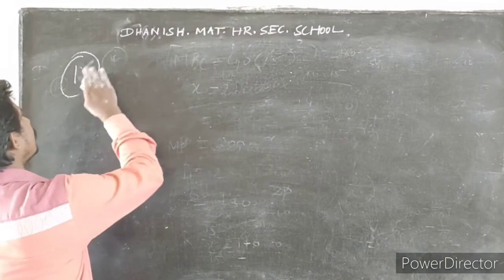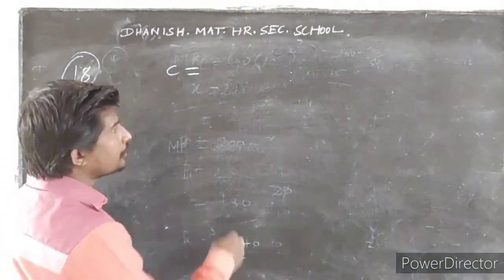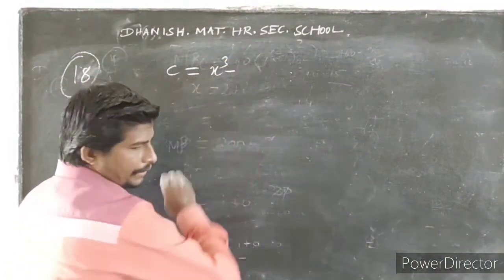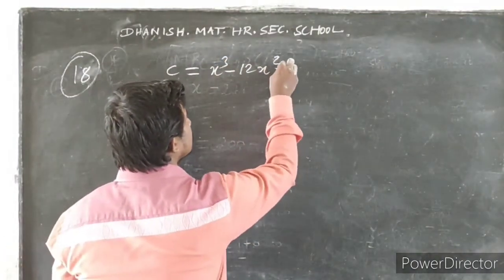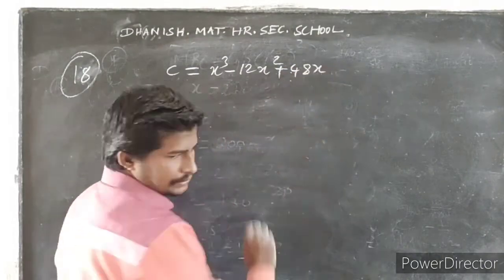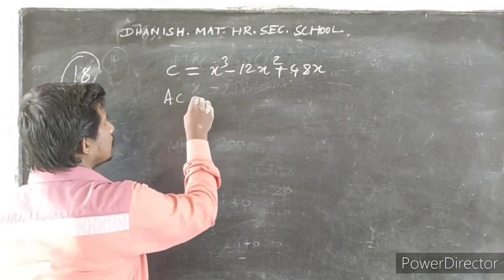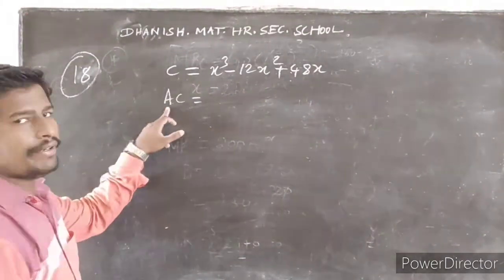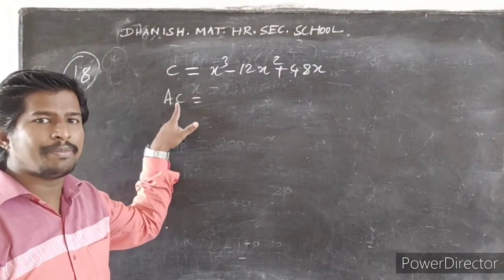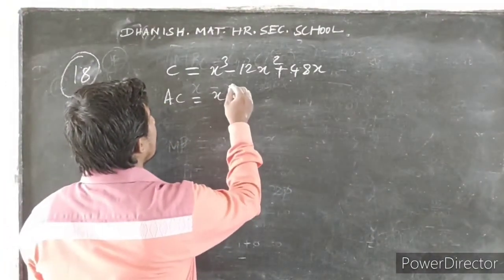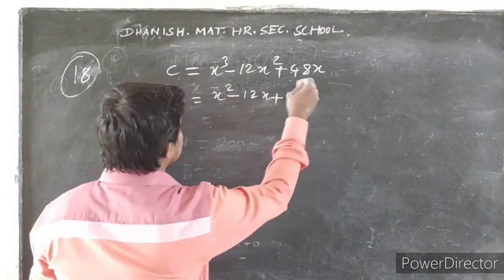So what's our cost? C equal to x cube minus 12x square plus 48x. If you want to find the average, we should divide by x. So we will have x square minus 12x plus 48.